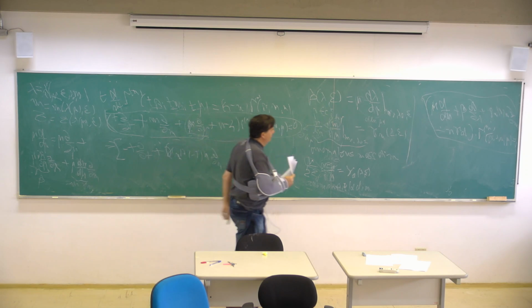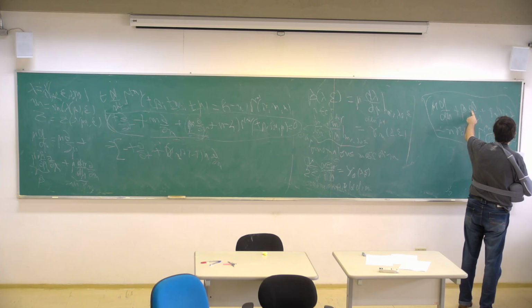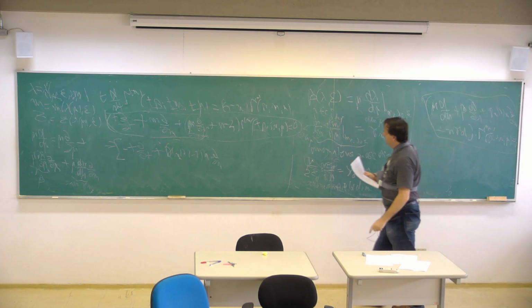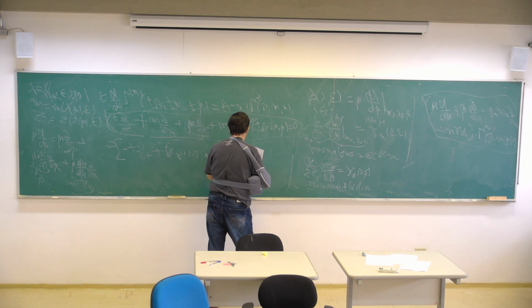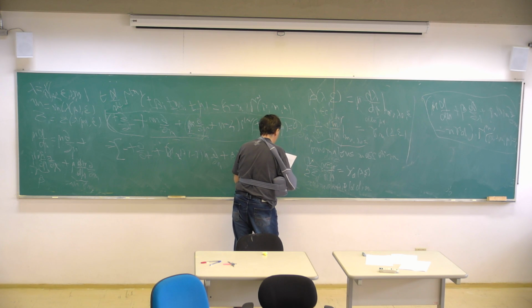Taking care of these things. Then I have plus n d/d lambda minus n gamma d. So plus beta d/d lambda minus gamma d minus n gamma d lambda.